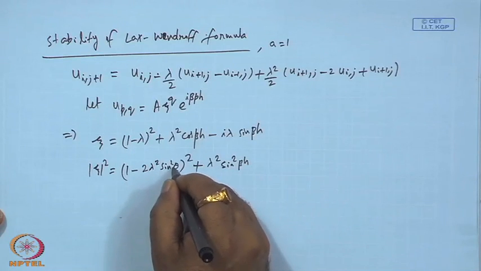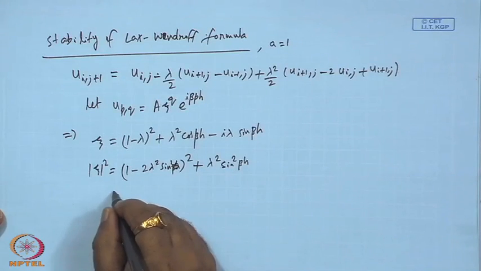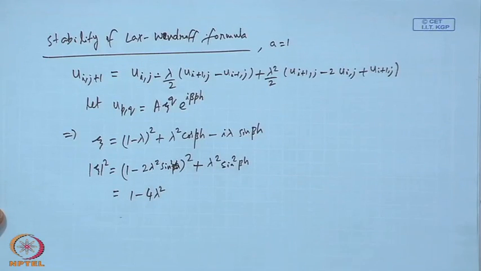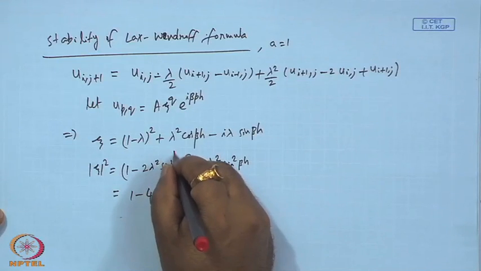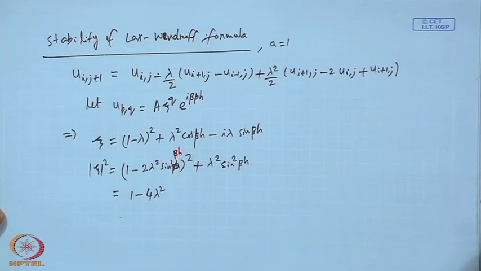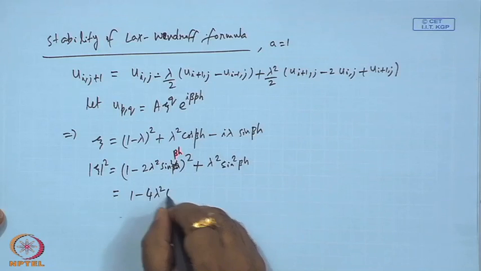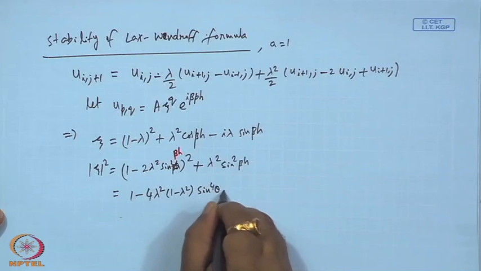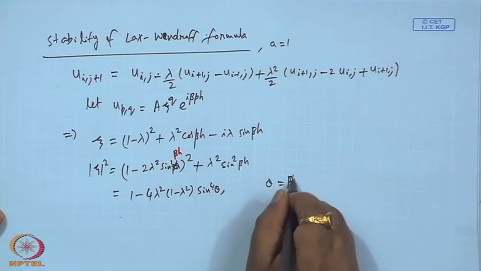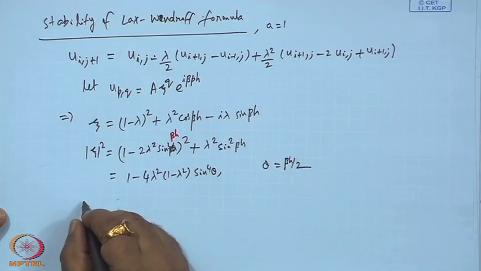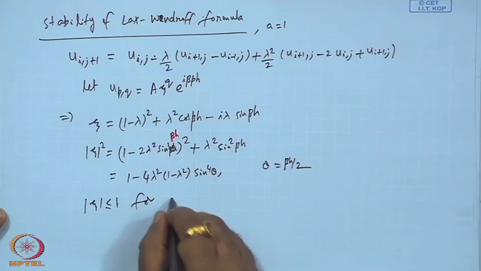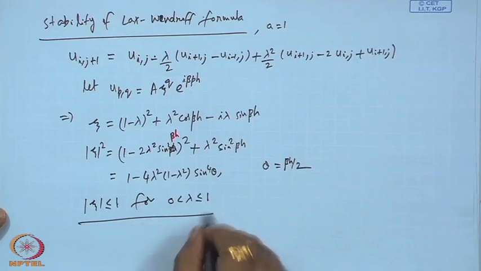So this is sin square beta h. So, this is 1 minus 4... So, therefore, one can less than or equals to 1 for... okay.